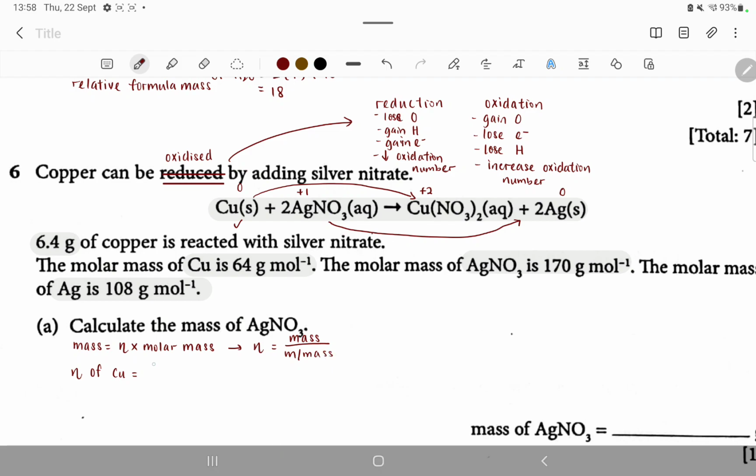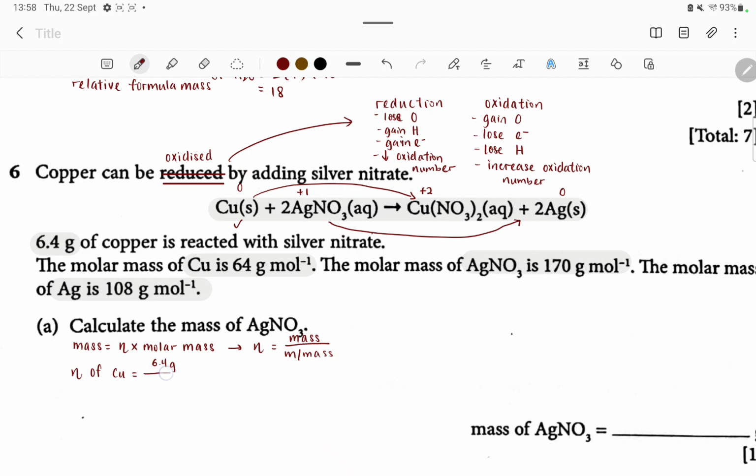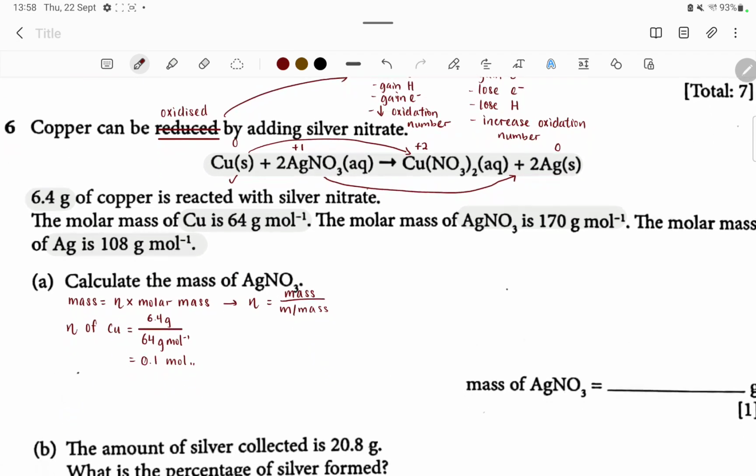So this one is 6.4 gram over 64 gram per mole. So this one is actually 0.1 mole. And then after that, find the ratio.